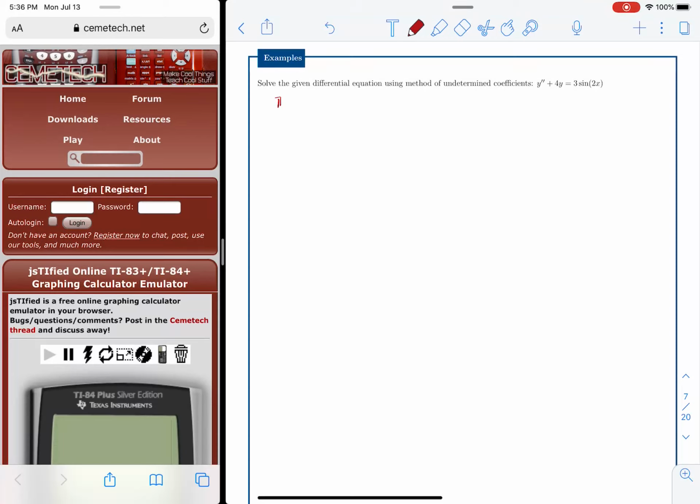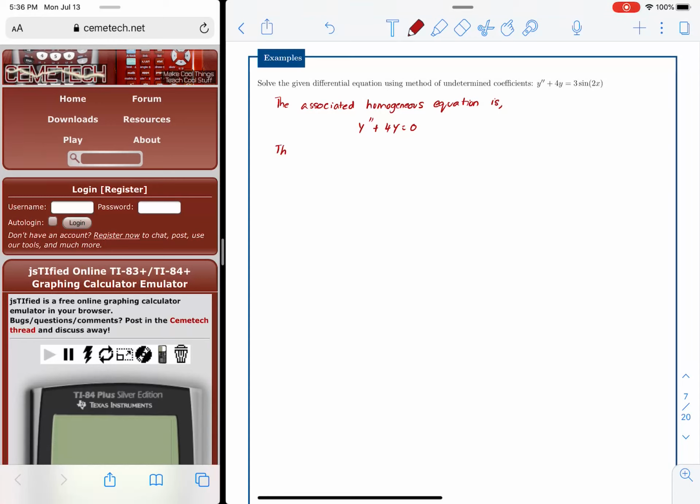So the associated homogeneous equation is y double prime plus 4y equals 0. Now we know how to solve this. This is a linear homogeneous equation, second order. We could use the method of constant coefficients to find the solution.